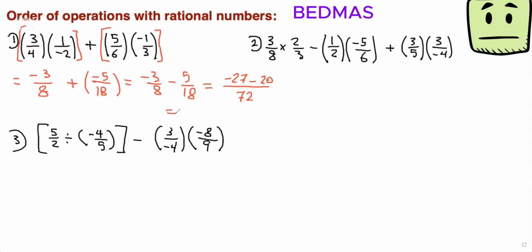And therefore, this would equal -27 minus 20 is -47 over 72, and that's your final answer. I'm just going to move this to the side here. So -27 minus 20 over 72.